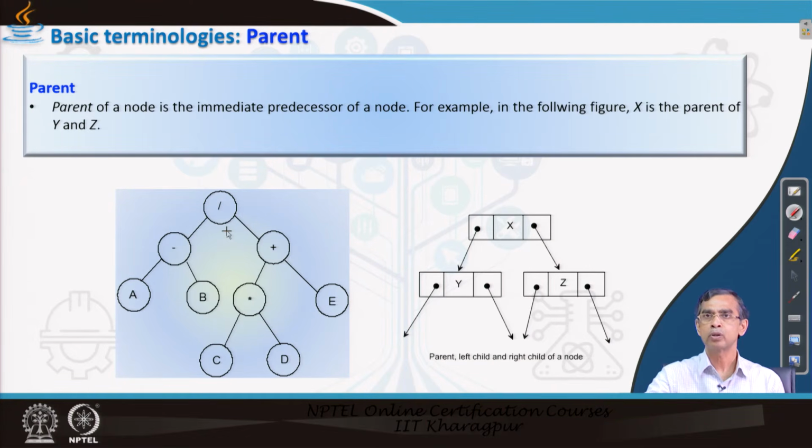So, 2 nodes may have the same parent, 1 or more nodes can have the same parent, and there are some nodes which do not have any children. For example, this node does not have any children. Some nodes which do not have any children are called terminal nodes or leaf nodes. For example, A, B, C, D, E in this example are the leaf nodes.